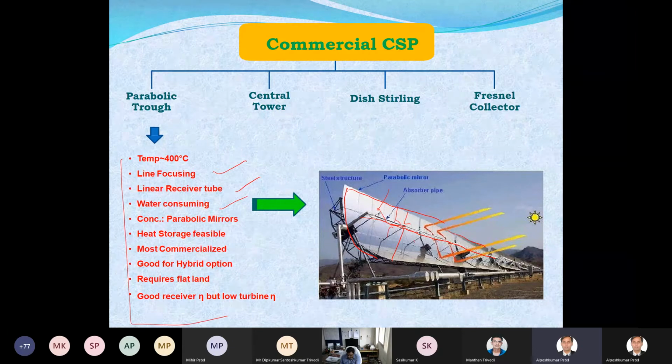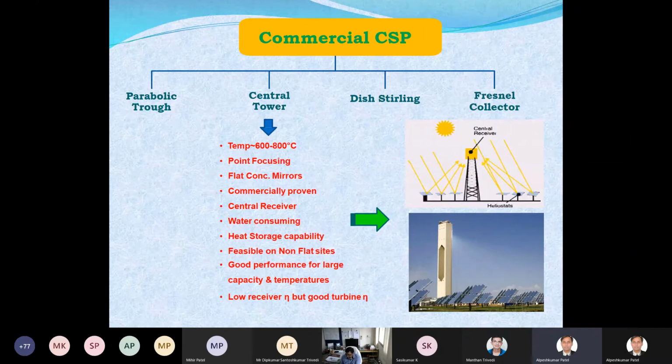You can read. Similarly, for this central tower, most of the plants I have seen in Spain are on this basis. That is tower based. There's a very high tower, and over it is a receiver. There's no boiler, and everything is there.